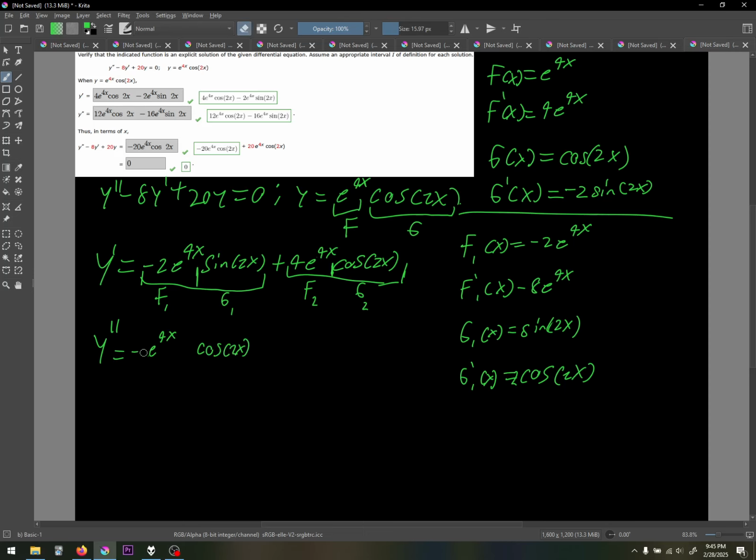So this is going to be negative 4e to the 4x cosine 2x, plus f prime g, it's the same thing. This is actually going to be minus 8e to the 4x sine of 2x.